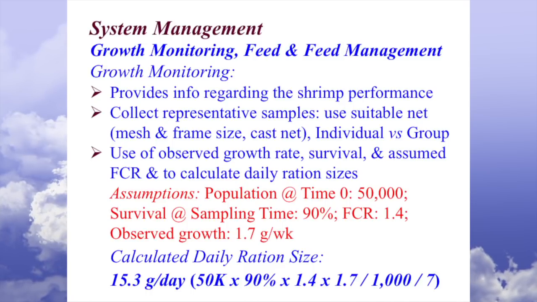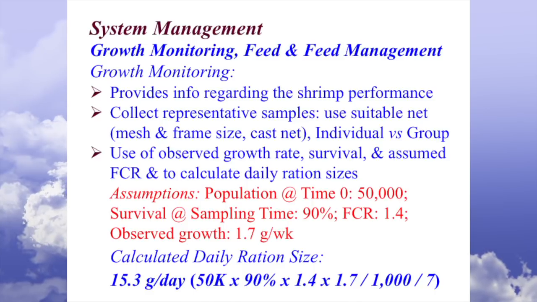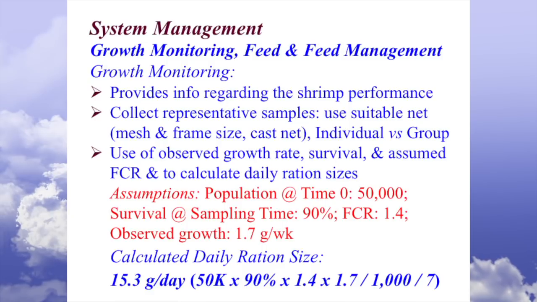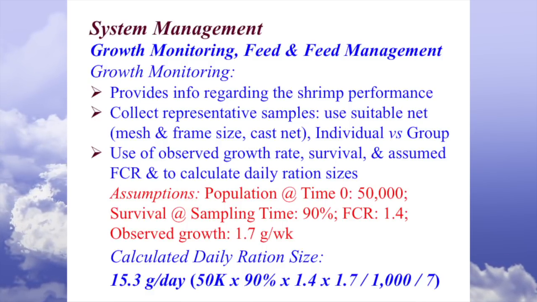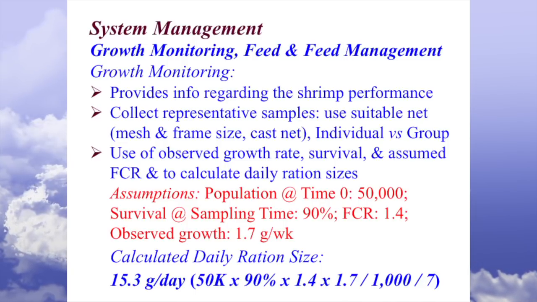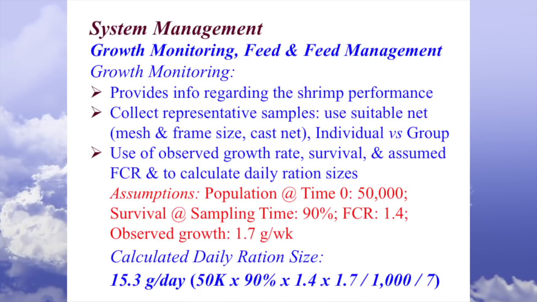We assume a certain FCR, and again, that's based on experience and observation, and assume a certain growth. Then you can calculate that the amount of daily ration will be 15.3 grams. So that's what you are going to put in if these assumptions are correct. And you need to observe the system and make sure that even this quantity is not too much.